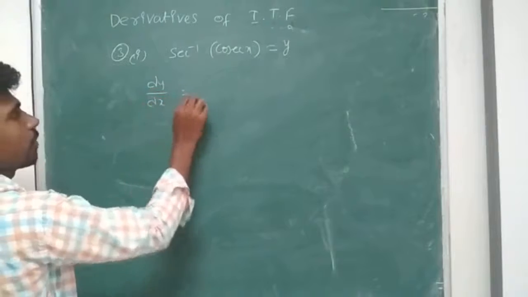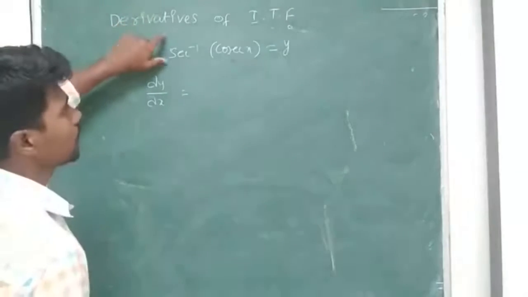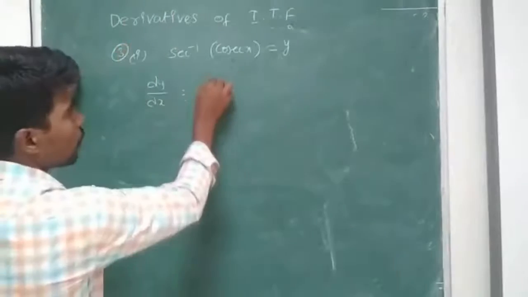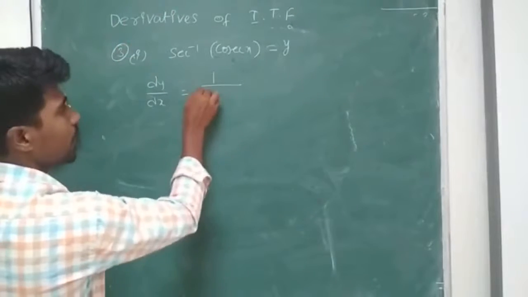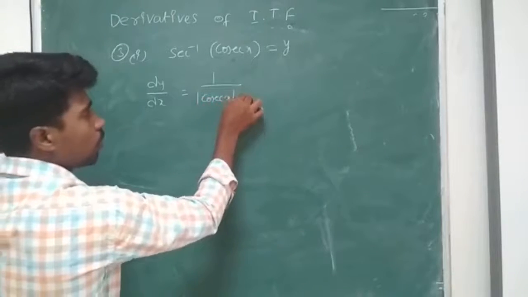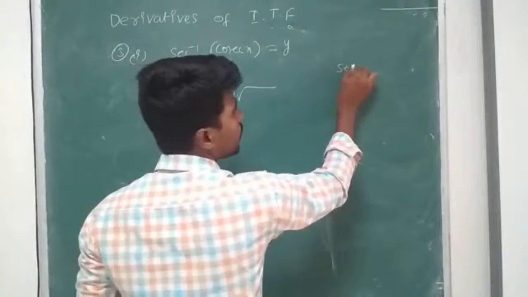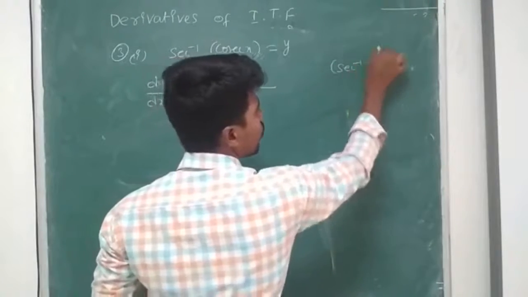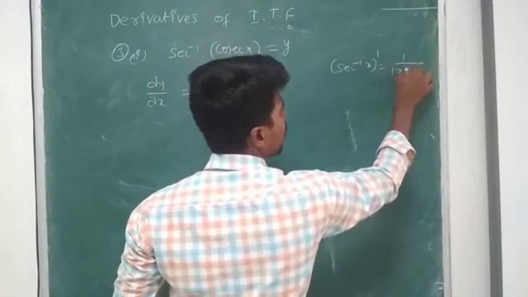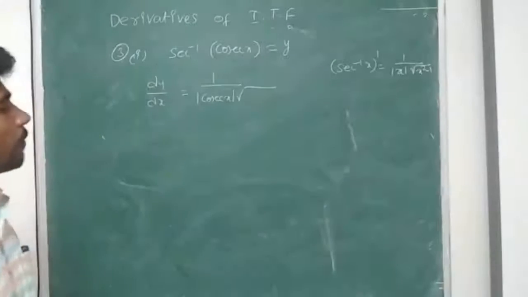This time I am going with the formula and substitution. I feel this one as a particular x. Then what is the derivative of secant inverse x? 1 by modulus of x. Modulus of x is nothing but modulus of cosecant x into root of x square minus 1. The right formula: secant inverse x whole dash is equal to 1 by mod x into root of x square minus 1. Now what we got?